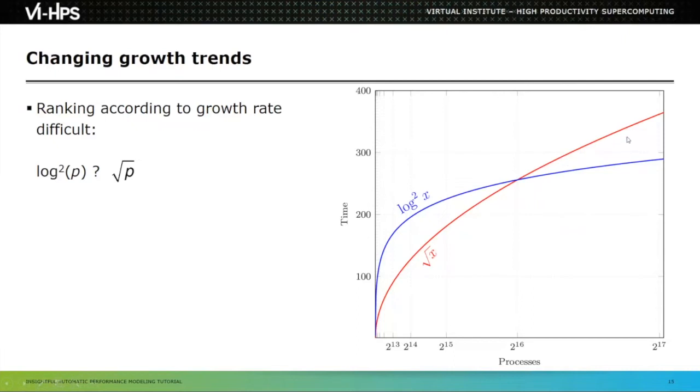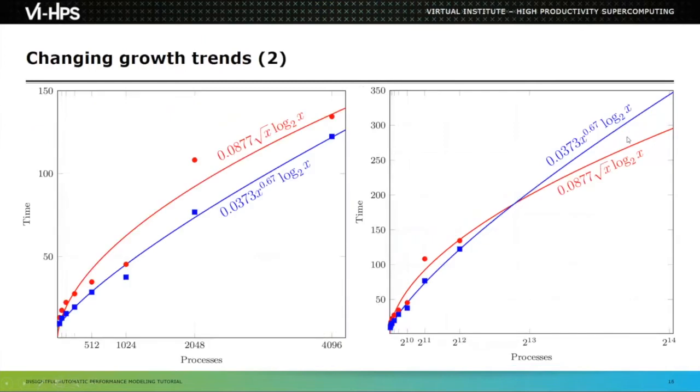However, if we zoom in, respectively zoom out of the picture, we can see that here on the left side, the square root function with the logarithmic one is a dominating one. And then if we zoom out again, basically this function here, the logarithmic one, is the dominating one.